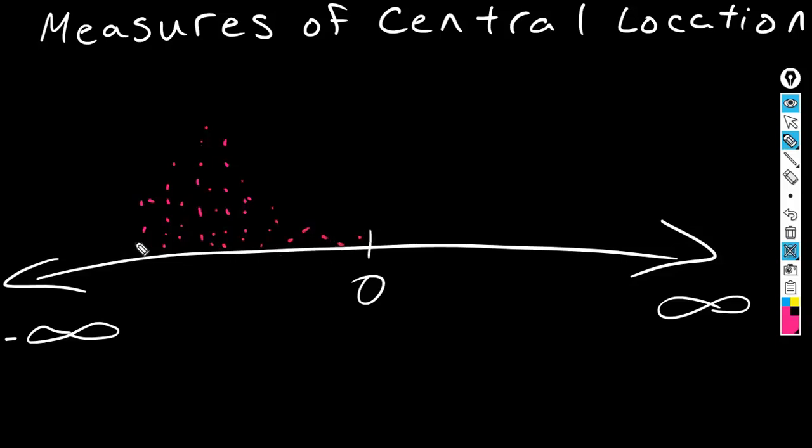Let's say we've got some data here. So something that might be interesting is where does most of that data center around? So central location: where is the heart of my data along this infinite number line?